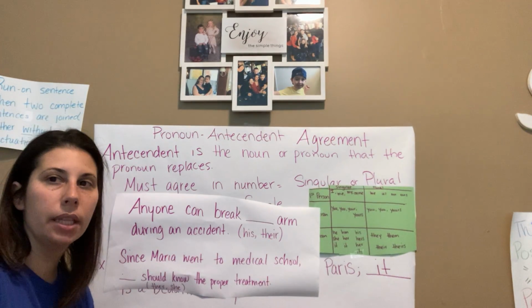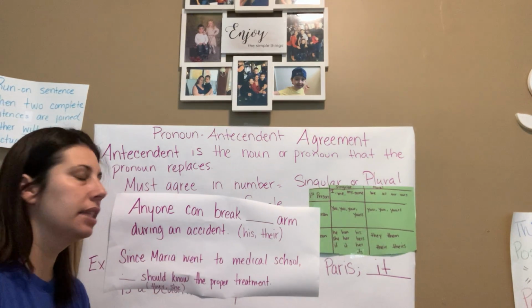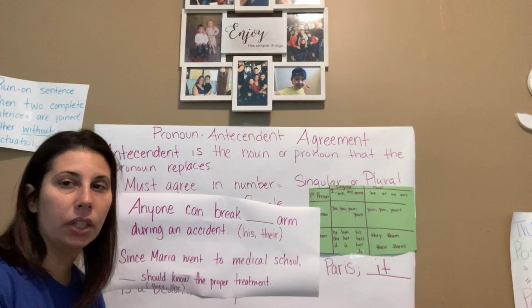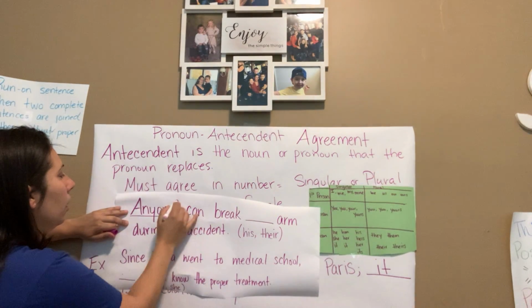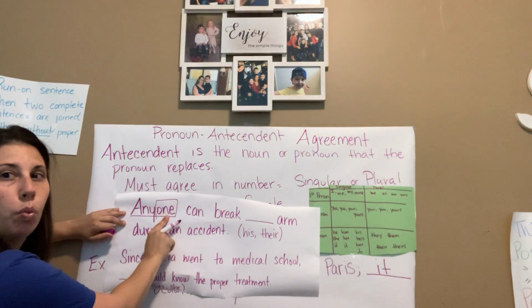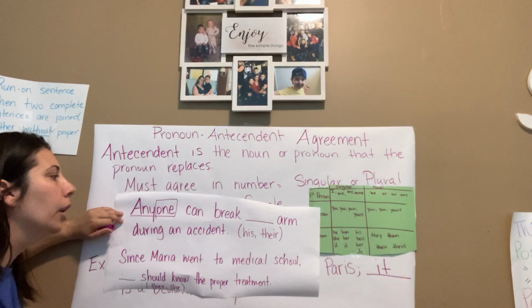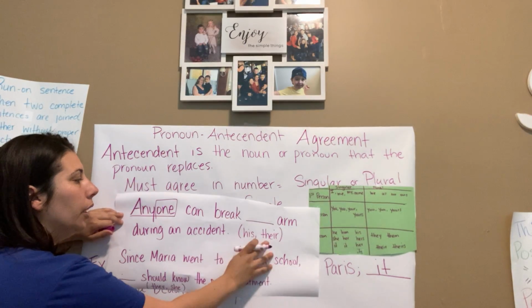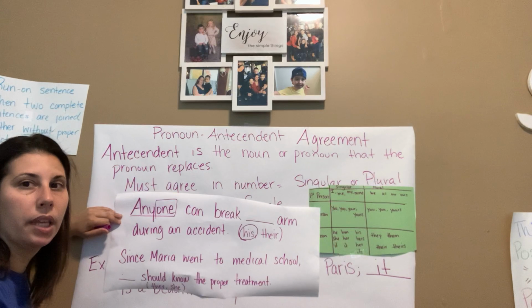So this is one of those examples that I was talking about before, where it's not explicitly saying if it's a boy that's doing this, but when we see anyone, see how that says one? That makes us know that we're talking about singular. The singular word here would be his. So you would choose his.